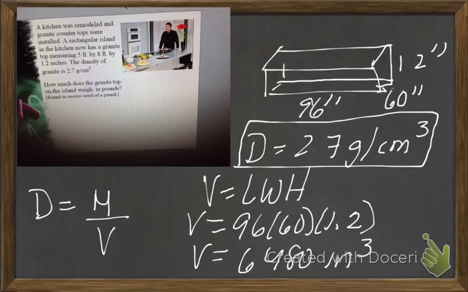We can't mix the centimeters with the inches. So since we know that the density is the 2.7, we'll put that in here. But now I have to get my volume into centimeters. So I'm going to rethink this.